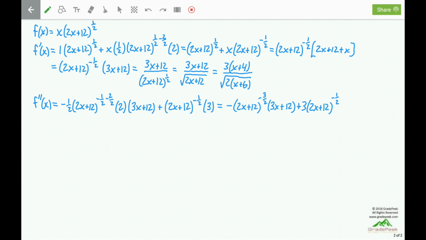We want to fully factor the second derivative. There is a common factor of a power of 2x plus 12. We can factor out the lower power of the 2, and that'll be negative 3 halves. It's lower by being more negative.